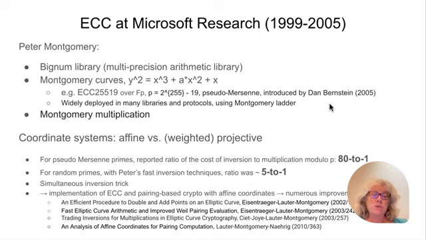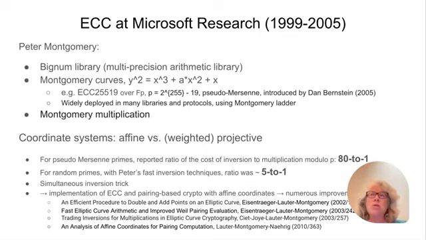Whereas Peter's implementation of the Montgomery multiplication and other fast inversion techniques meant that at Microsoft Research, we had an implementation where the ratio of inversion to multiplication in the finite field for general primes was more like 5 to 1.